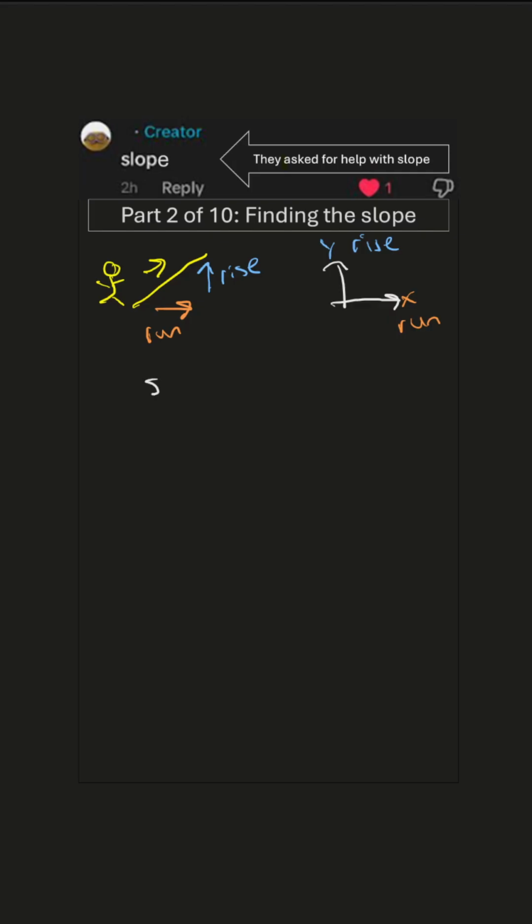Finally, we said that the slope equals the change in y, or the rise, over the change in x, the run.